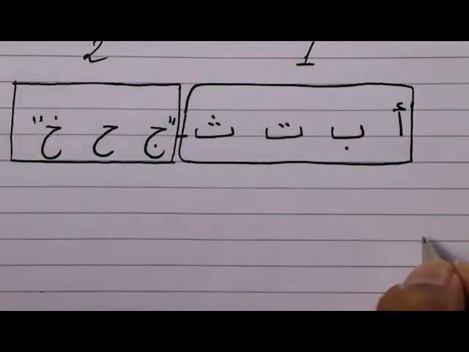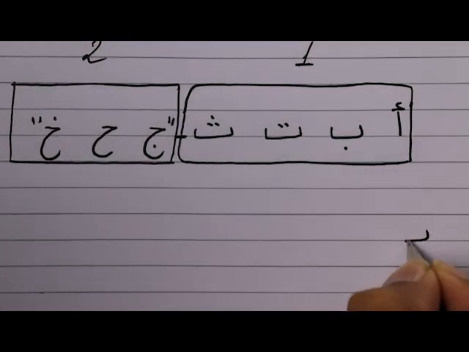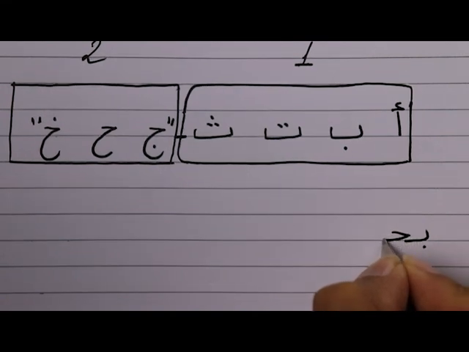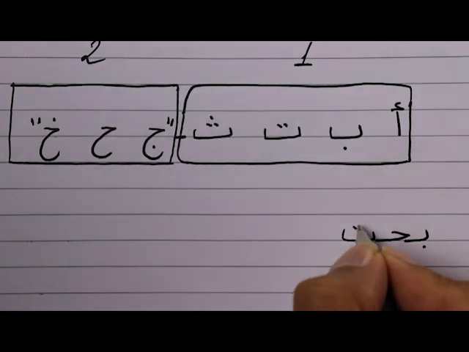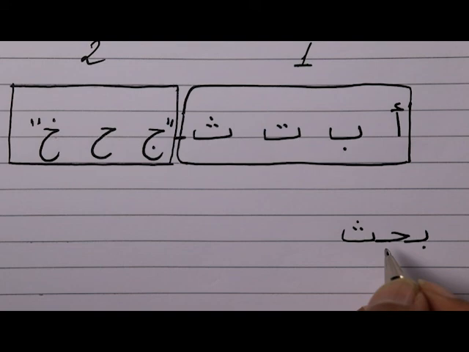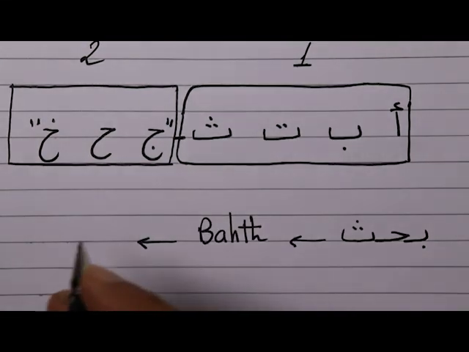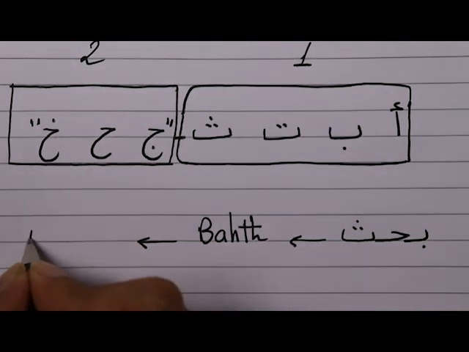Now let's take the first word in this lesson. The word contains 3 letters. Ba, Ha, Tha. Bahth. Bahth means research.